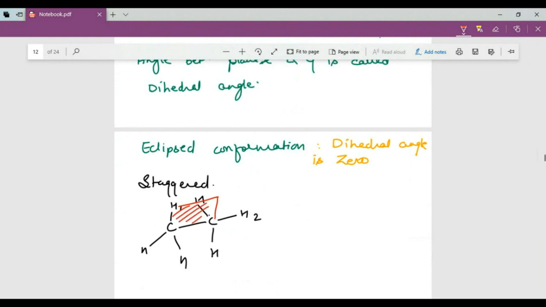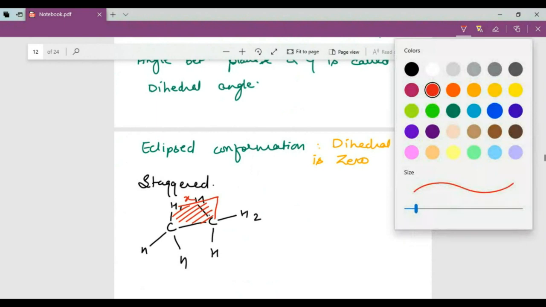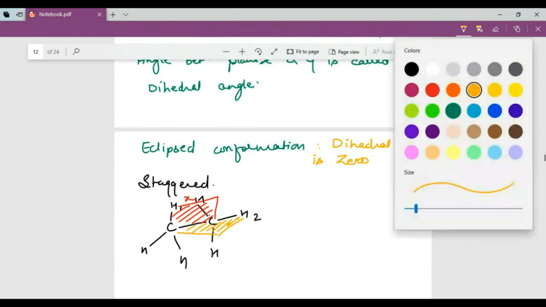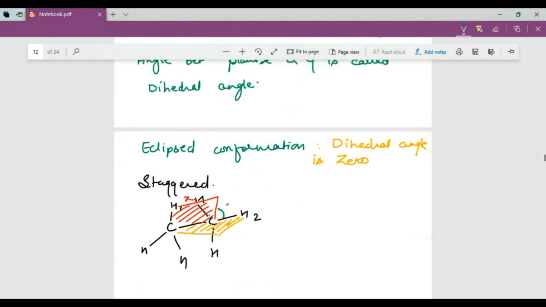This is my plane X, and this is my plane Y, and the angle between these two is 60 degrees. So in staggered, the dihedral angle is 60 degrees.